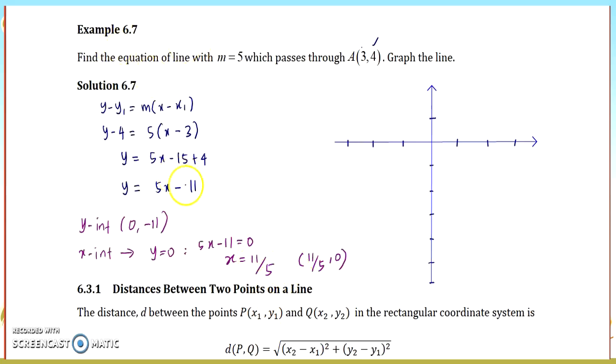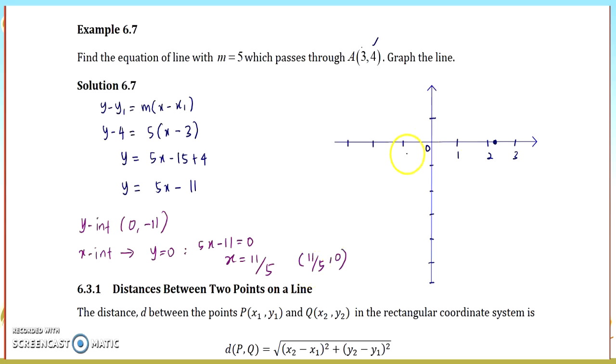So let's plot these two points. We start from the origin. The x-coordinate is 2.2. So we have 1, 2, and 3. It's before 2.5, so let's say this is the point of the x-intercept.